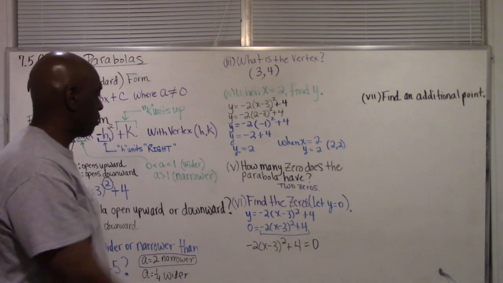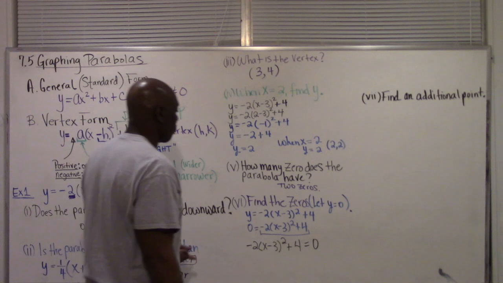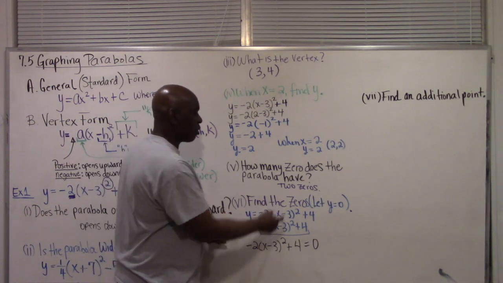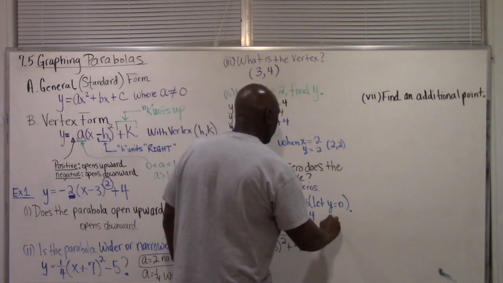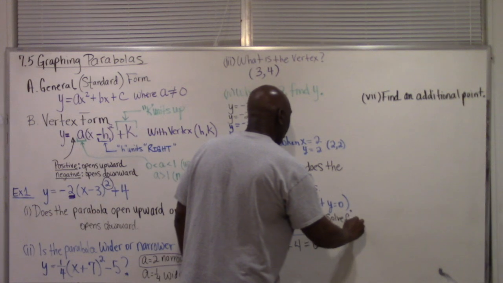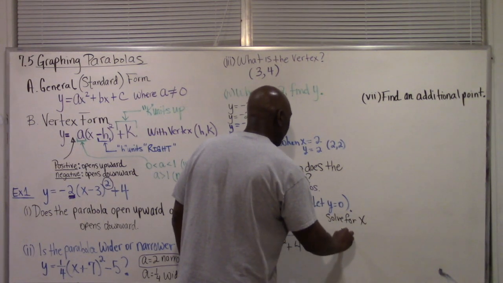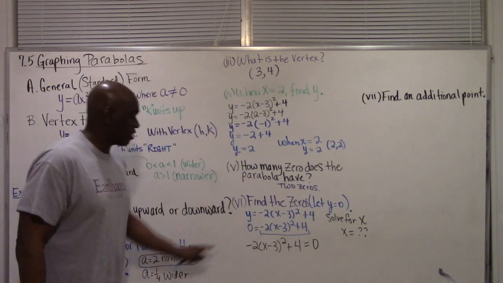Now let's find out what the zeros are. Basically, when you find the zeros, all that means is solve for x. That's all we're doing. In other words, what does x equal? Let's solve this for x.